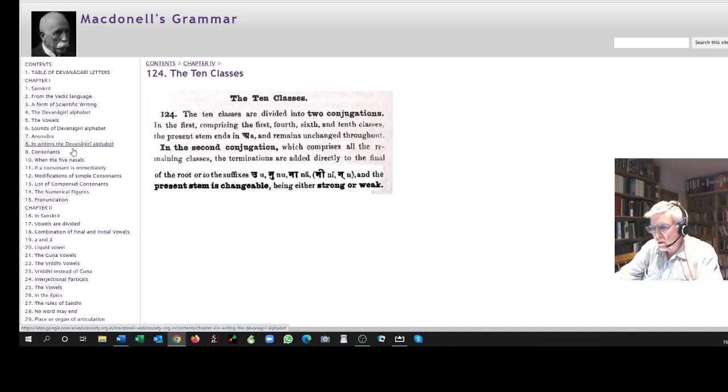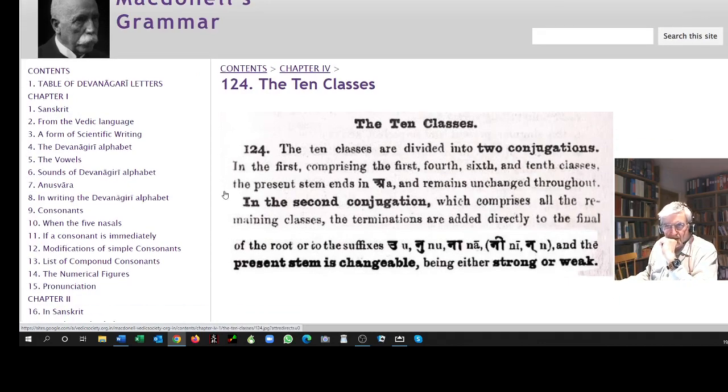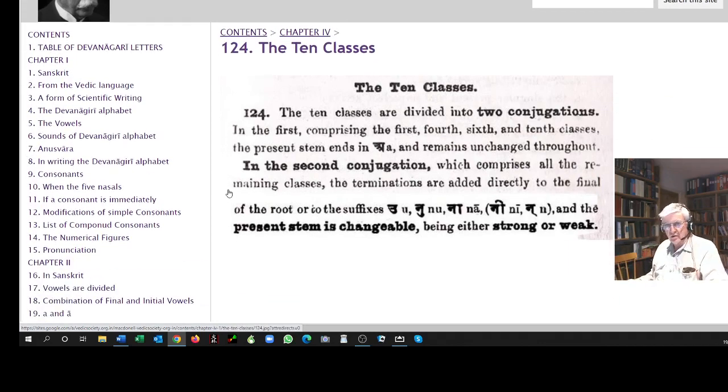Now, he talks about, several grammarians do talk about the 10 classes being divided into 2 conjugations. Okay, that's a useful enough thing.